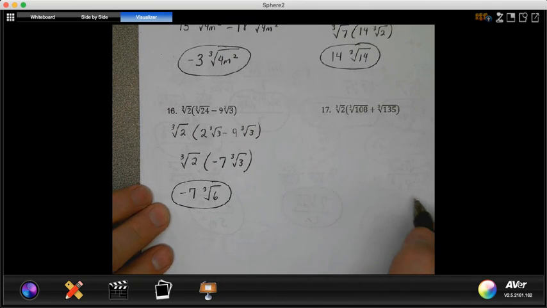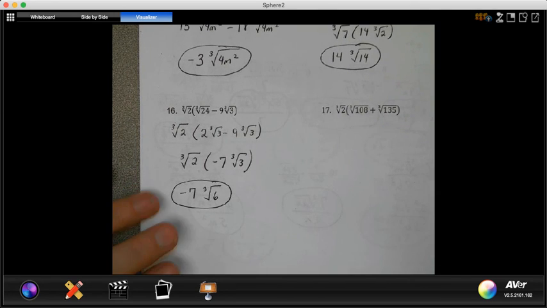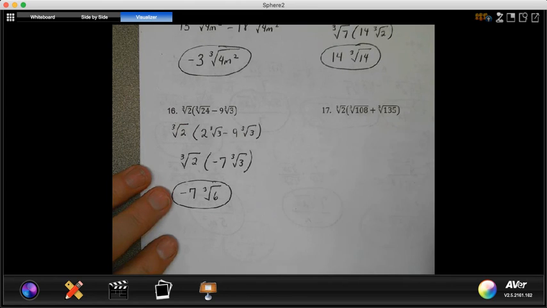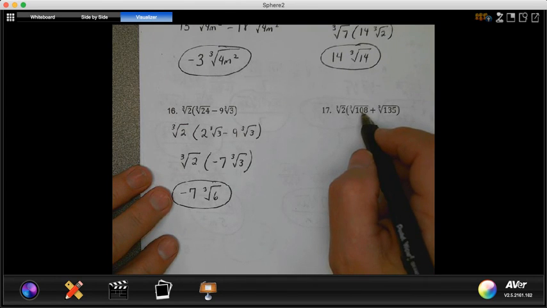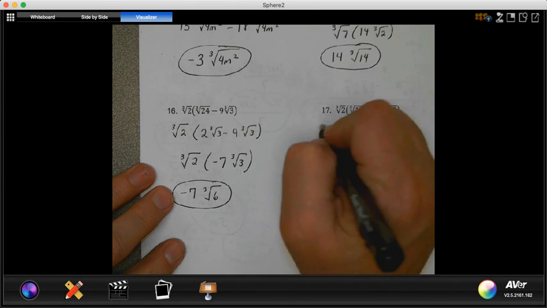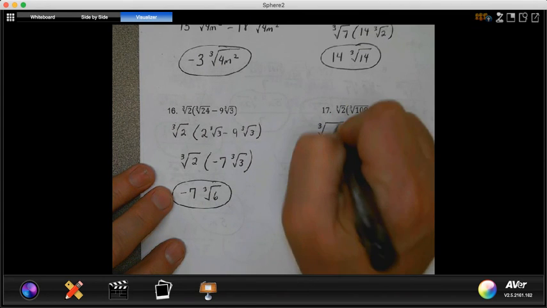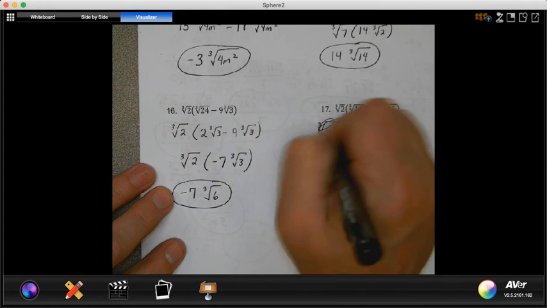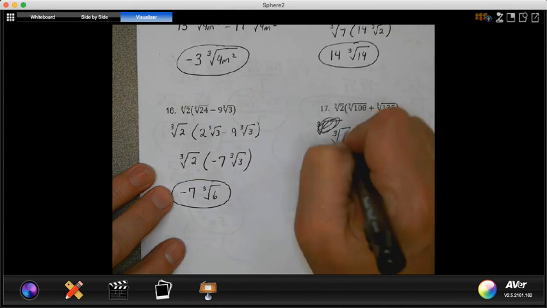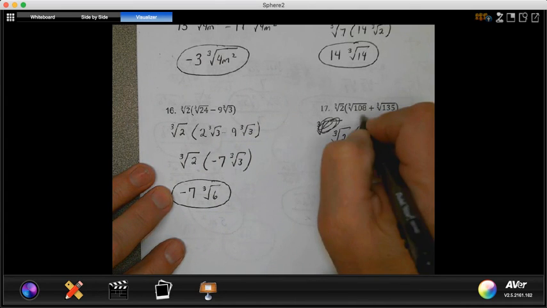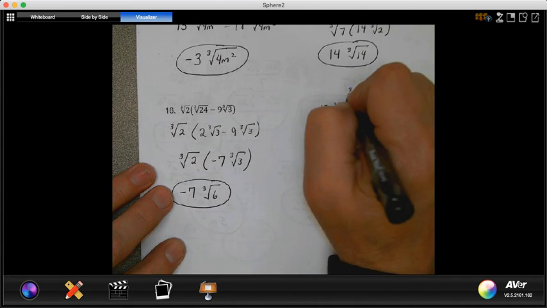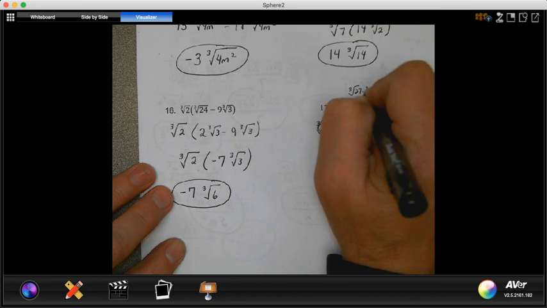Awesome. All right. And then the last one. We got to break it apart. So 108 is 27 times 4. So cube root 2, then in parentheses, that's cube root 27 times cube root 4.